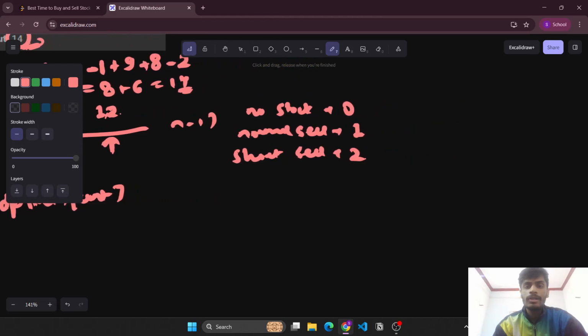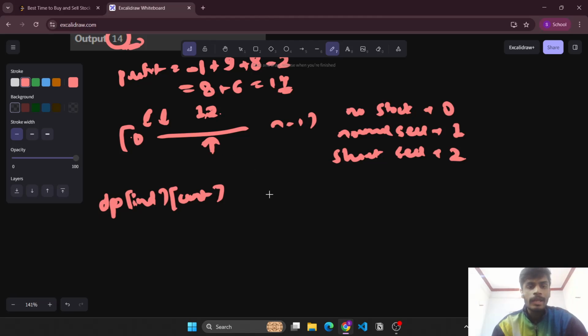Why are we denoting them by 1 and 2? Suppose we have reached a particular index, index 1. We know the current stock that we have is a normal sell. Then the price that we will be adding to our result will be plus prices of index 1. Why? Because in a normal sell we will be able to sell this stock at index 1.